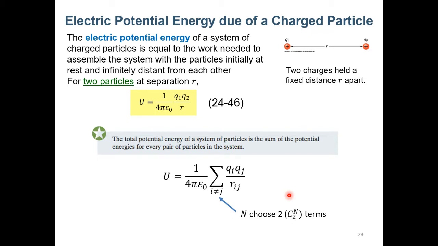Generally, NCR is nothing but n factorial over r factorial times n minus r factorial. So NC2 is nothing but n times n minus 1 over 2.